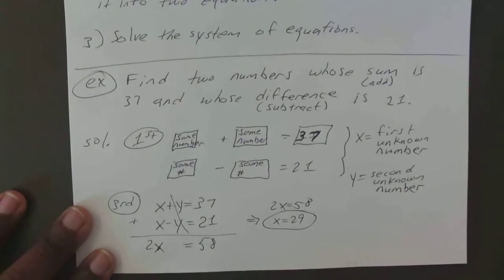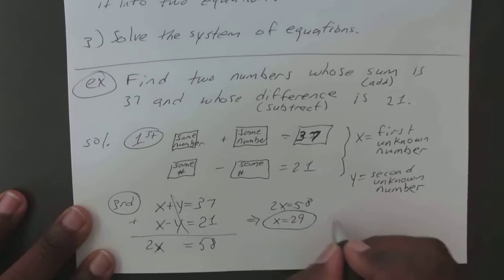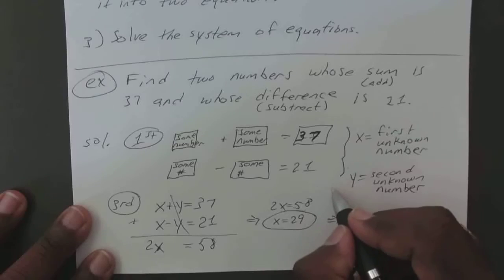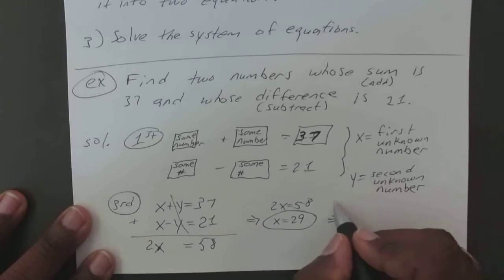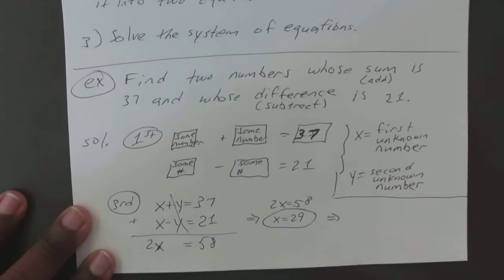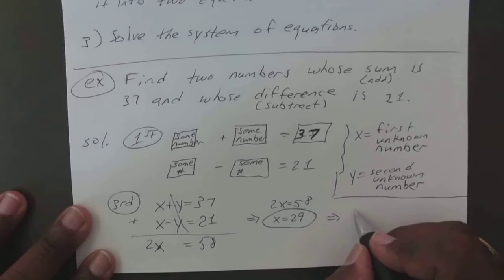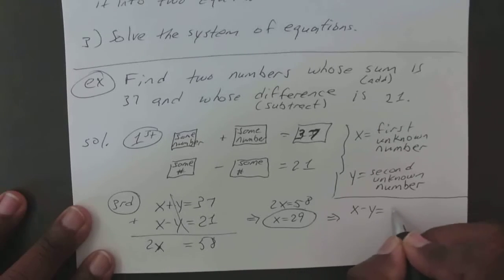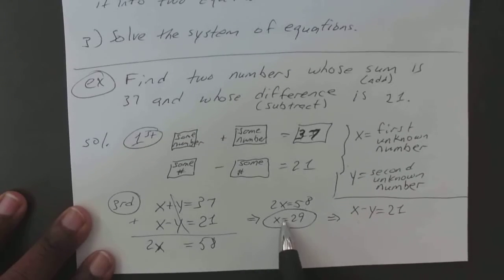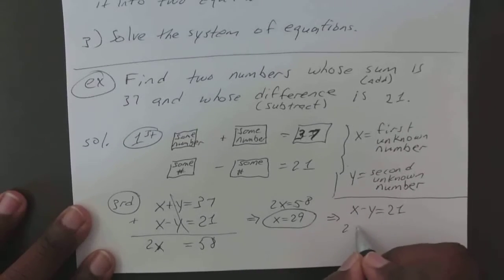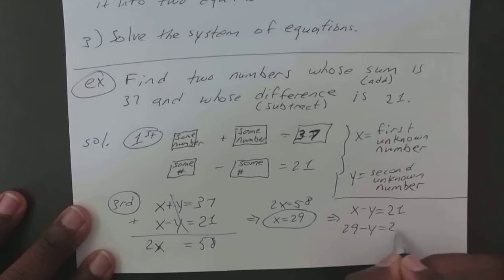Okay, so now we just plug that into either one of these equations and solve for y. Okay, so if we know that x minus y is 21, we plug in 29 for x. 29 minus y is 21.